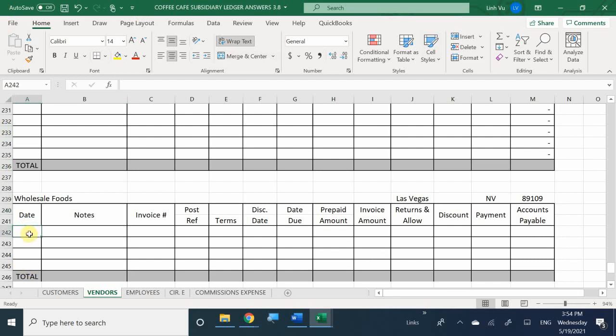615 notes, 60 pounds of sugar, and 3 cases of creamer.